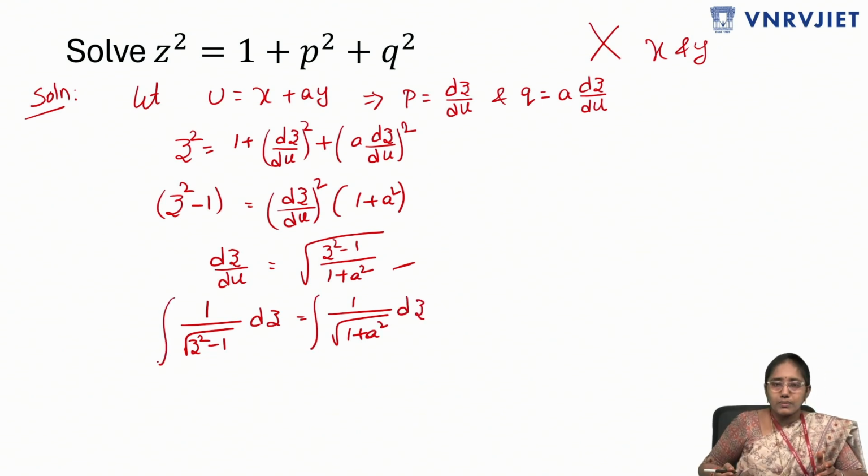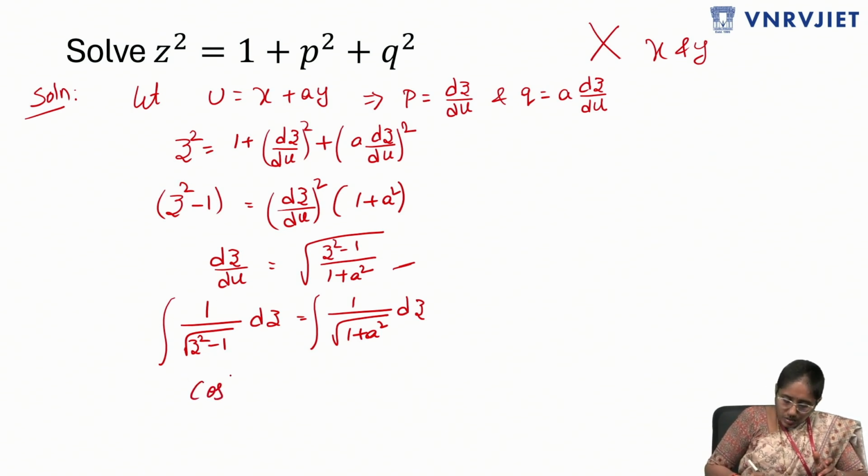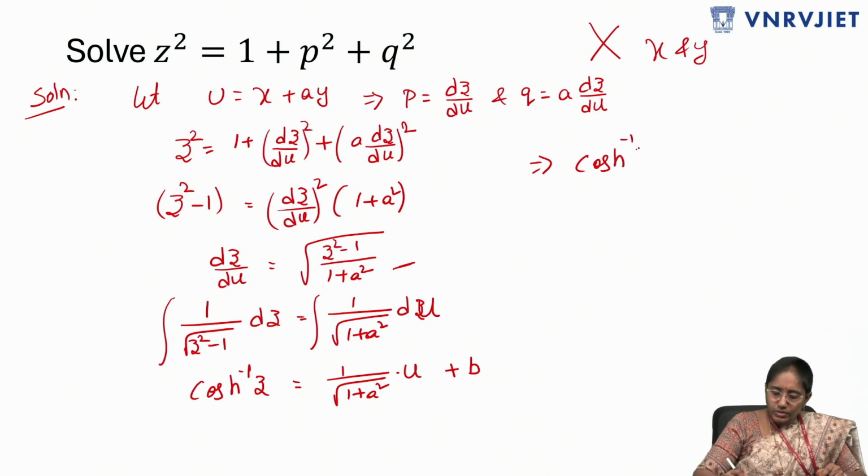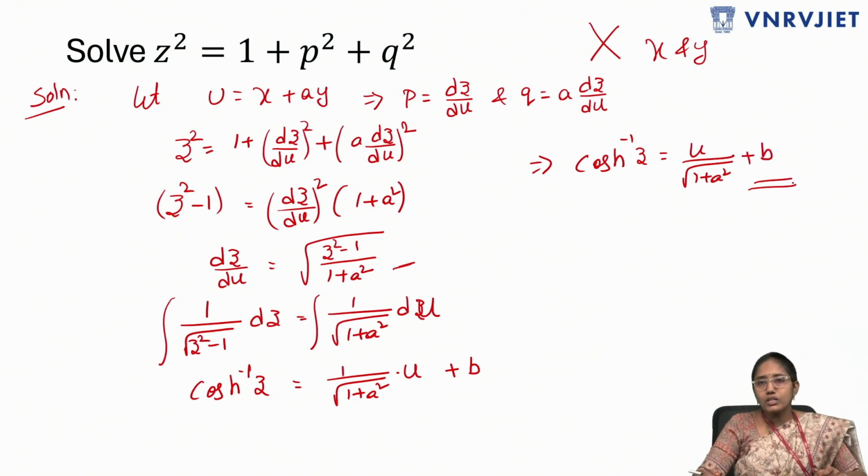Integrating on both sides, the integral of 1/√(z² − 1) dz is cosh⁻¹(z). Here 1/√(1 + a²) is a constant, and the integral of 1 du is u plus an integrating constant b. So cosh⁻¹(z) = u/√(1 + a²) + b. This is our required solution.